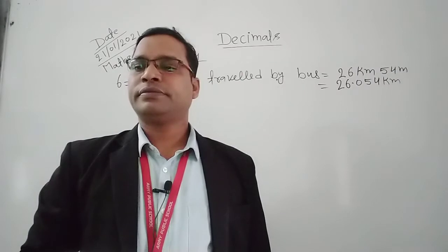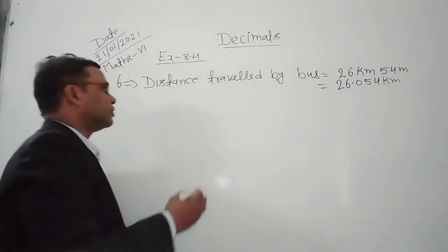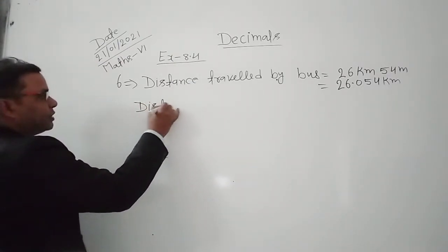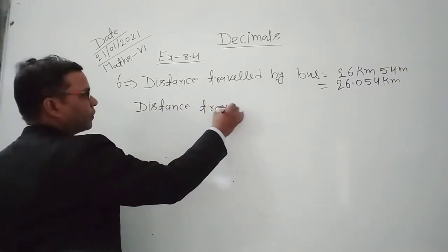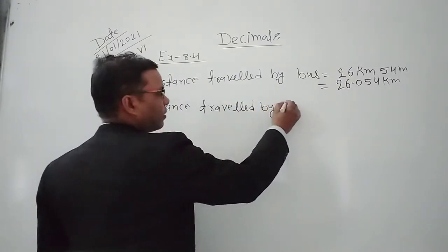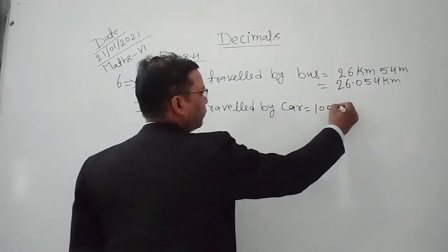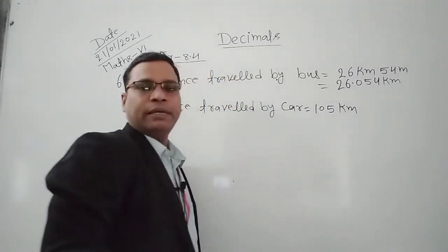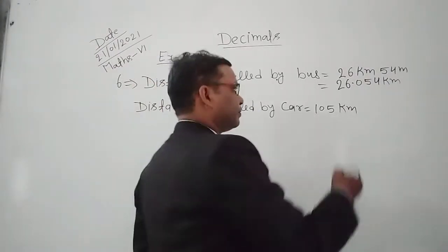The distance traveled by car is given here as 105 kilometer and 965 meter. So you can write the distance traveled by car is equal to 105 kilometer and 965 meter.